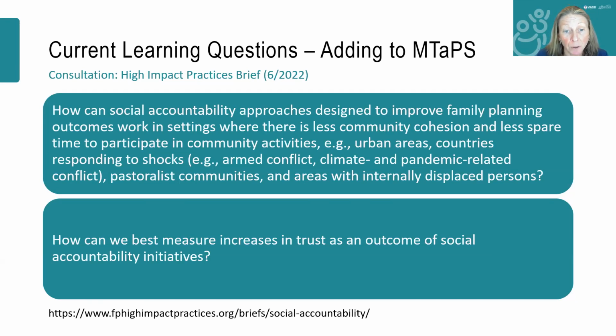And then the fourth question, which was brought up by Adrienne in the previous presentation, how can we best measure increases in trust as an outcome of social accountability initiatives?